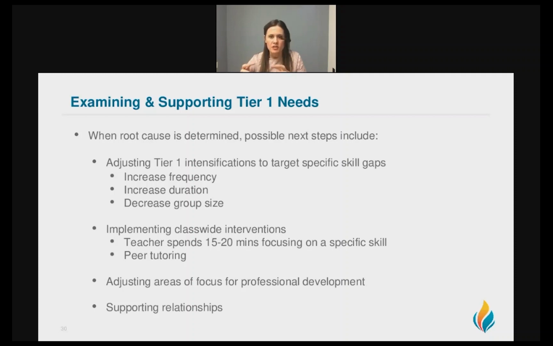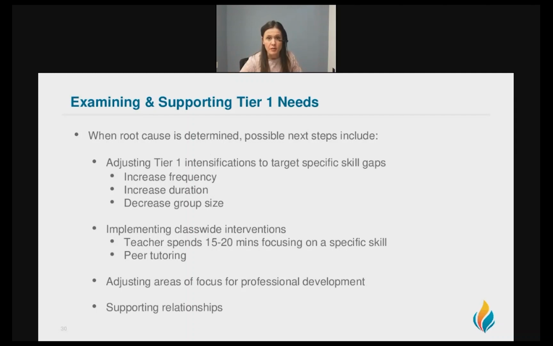So the types of adjustments we see districts making are, you're going to likely increase the frequency of the supports, increase the duration, so how long you are doing it, or maybe you're going to decrease the group size. So maybe we've got 10 kids in a group and we need to move that into a smaller group so that we can make sure the students are getting a little bit more individualized attention.